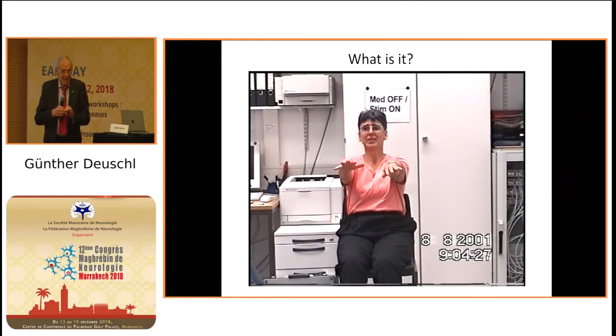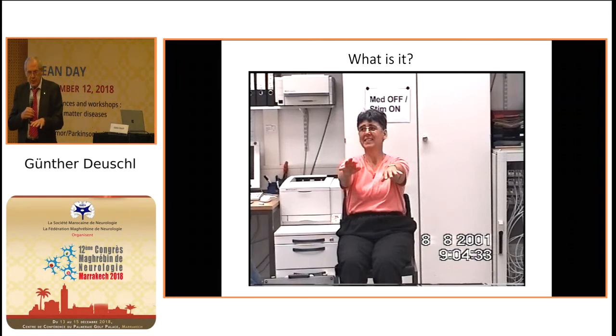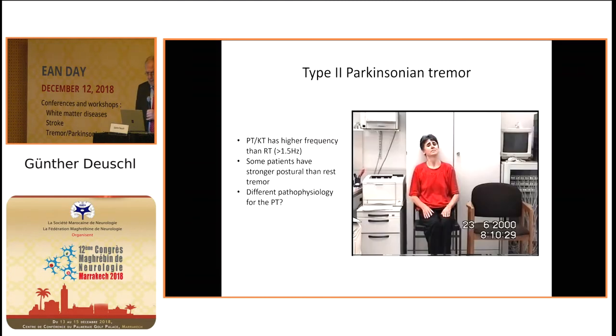Yes, she is very akinetic. This is a so-called type 2 Parkinsonian tremor. It is a tremor that occurs during rest and during posture and action, and usually during posture and action the tremor has a higher frequency. That is a tremor form that needs to be separated. It is assumed that these two tremors have a different pathophysiology.